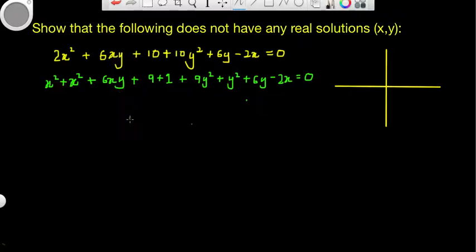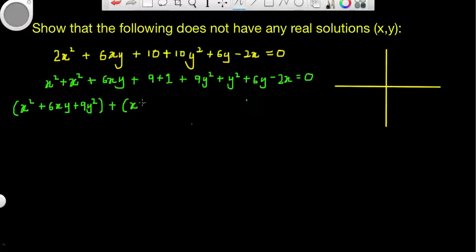Now we can group these terms so that this messy equation looks a little bit neater. So we can do x squared plus 6xy plus 9y squared, and you can already probably see what I'm doing here, but I'll write it out anyway.